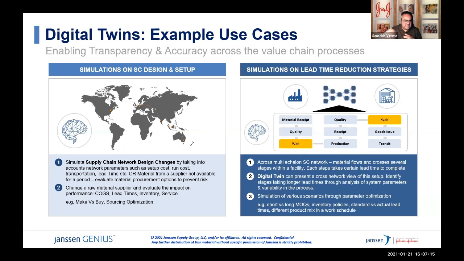Depending upon the stage we are at, in the launch stage, speed is the most important thing and cost is not. When you are in the late stage, the cost is the most important thing. So you can simulate those scenarios and then make decisions like sourcing optimizations, make versus buy. I think it's an excellent application of a digital twin.